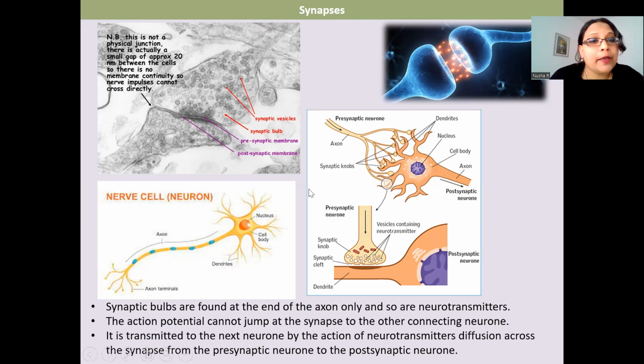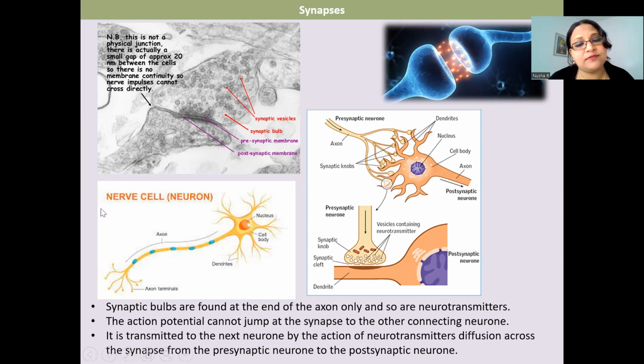Also, synapses protect muscles and glands from being overstimulated. As we just mentioned, if there are too many impulses in a short period of time, this continuous transmission of action potentials exhausts the supply of neurotransmitter at the synapse, which means if, let's say, this neuron is connected to a muscle, this protects the muscle from fatigue.